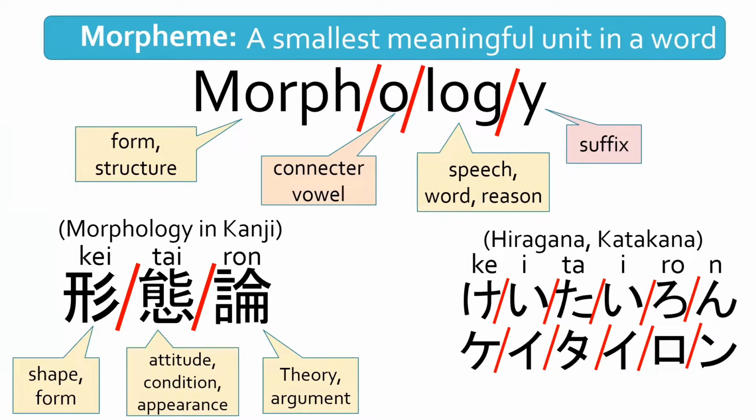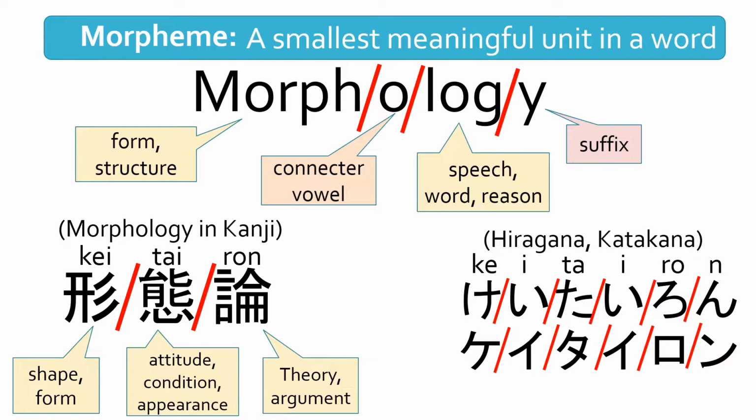Here's an example. Morphology in English and Japanese. The word morphology can be separated into morph, o, log, and y. Morph means formal structure, and o is a connector vowel, and log means speech or word or reason, and y is just a suffix.